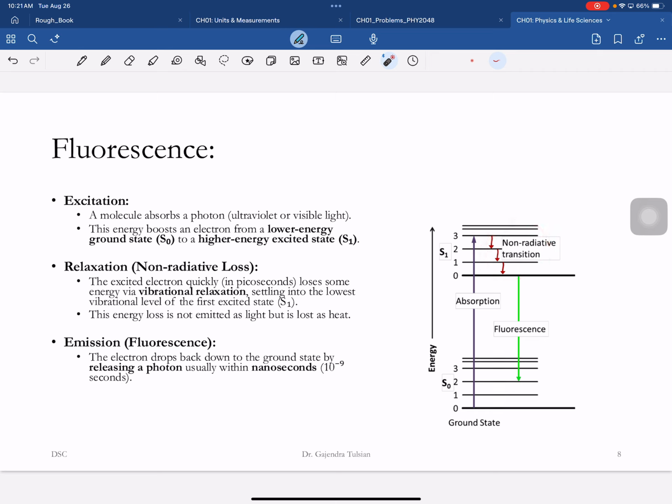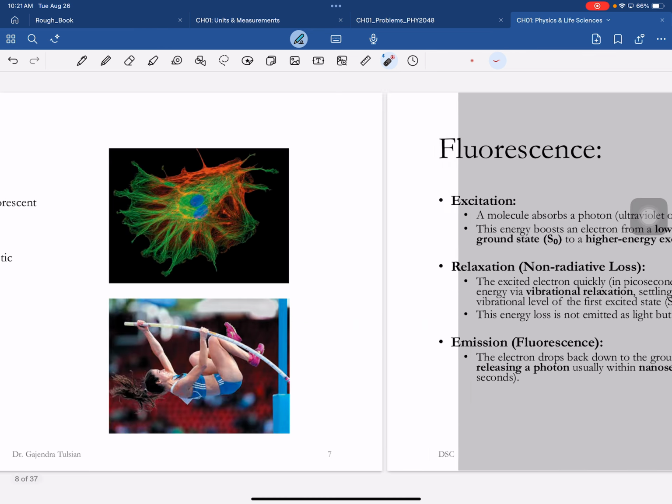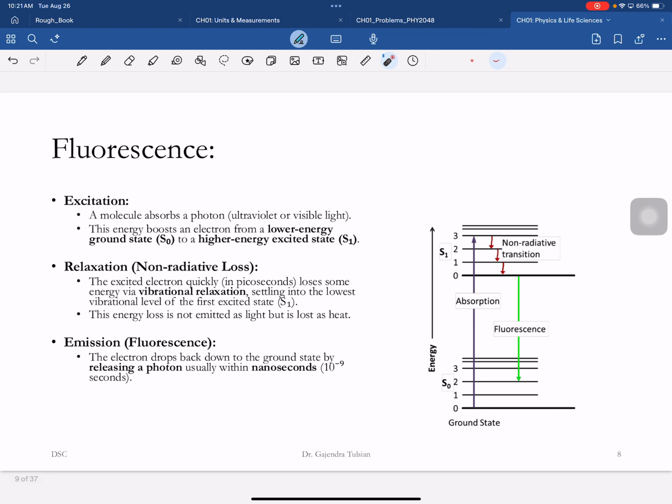So what you do is you shine a high energy photon on that molecule. It absorbs and goes there. You shine a high energy photon, and the tag molecule gets excited from here to there.